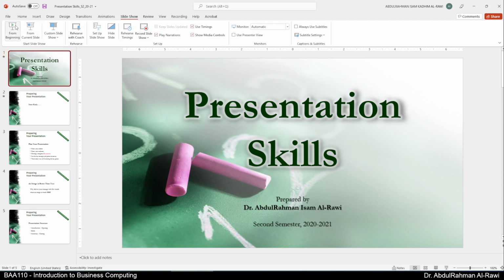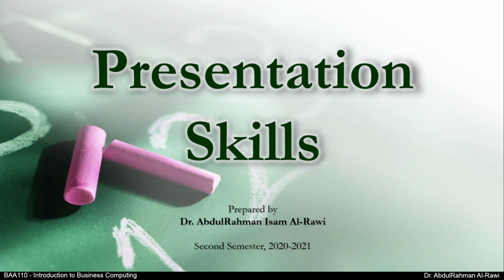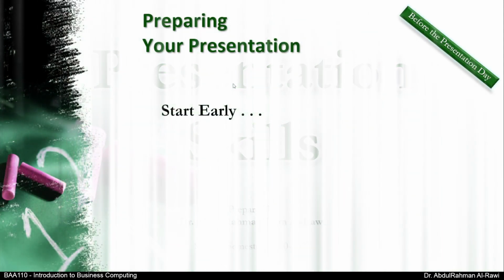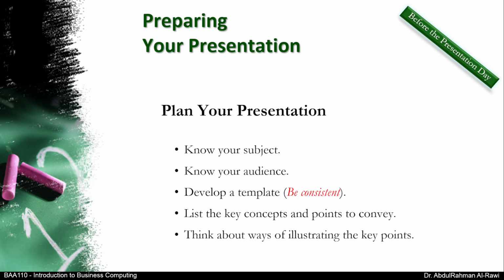So now let's just start from the beginning. You see this is the first transition. Now I selected the option that advances slide by mouse clicking. So I'm going to click my mouse. You see here. Now the bars took 2 seconds, and then you see after 2 seconds it's automatically advanced.